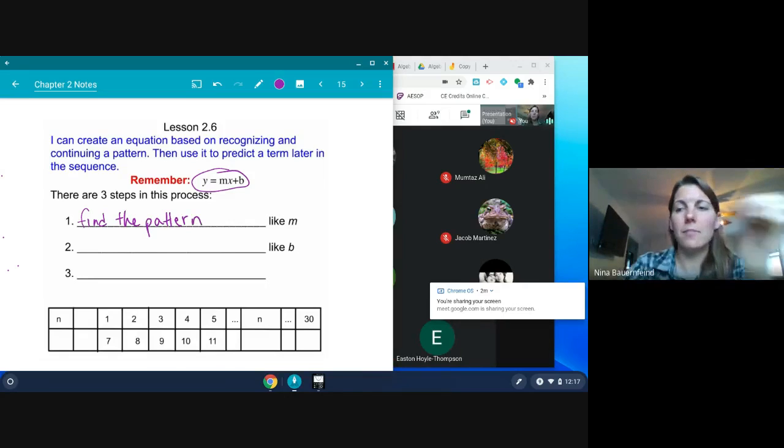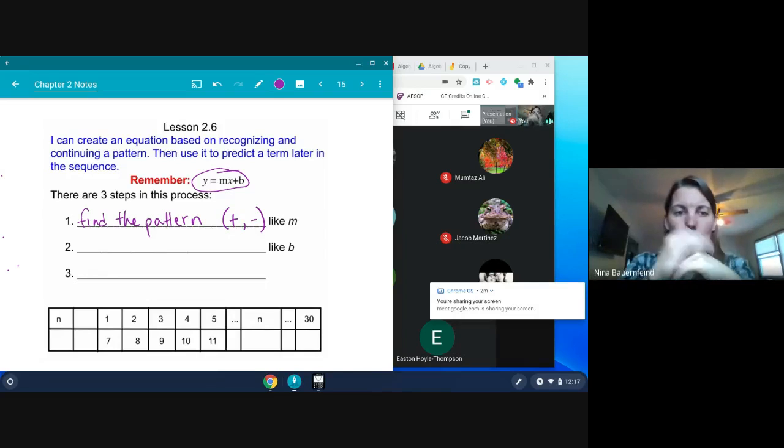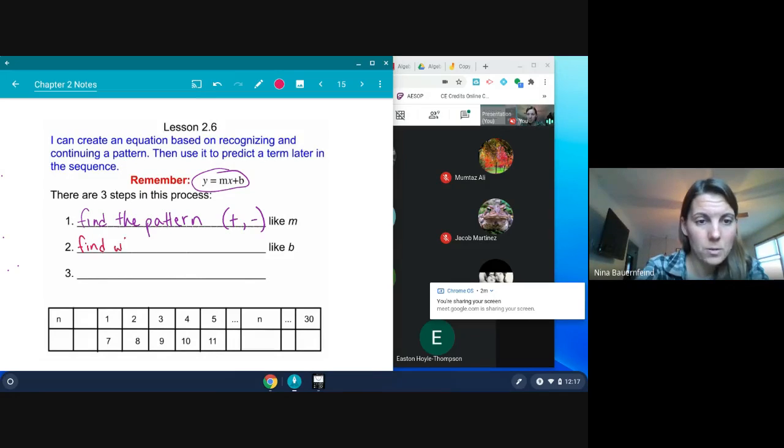Okay, so we're trying to figure out what it's going up by or what it's going down by. So this is going to be like plus or minus. We're figuring out how much we're adding or subtracting. So that's step 1. Step 2 is to find where it starts.